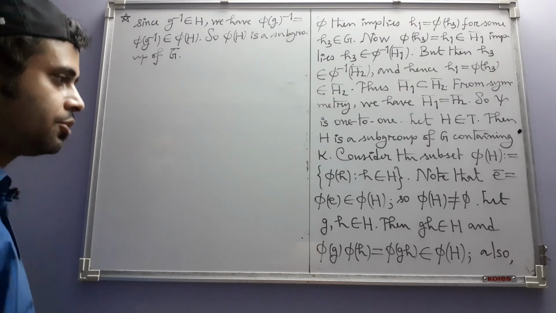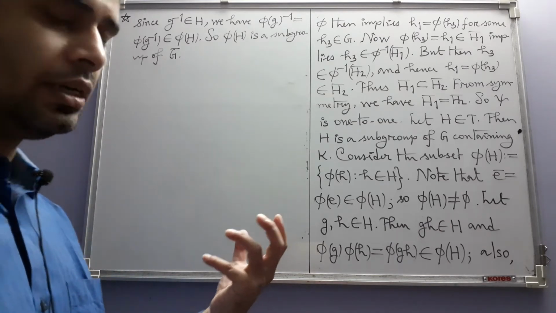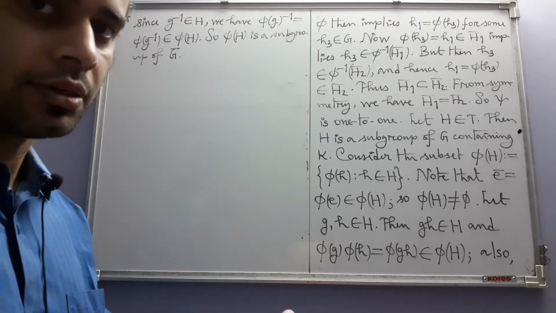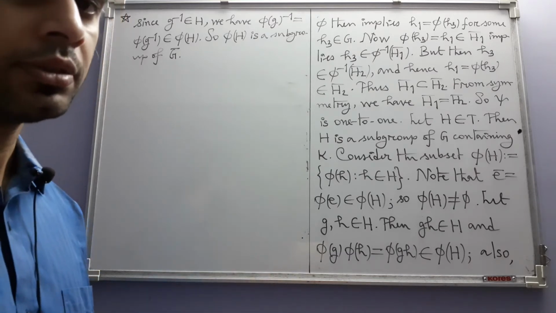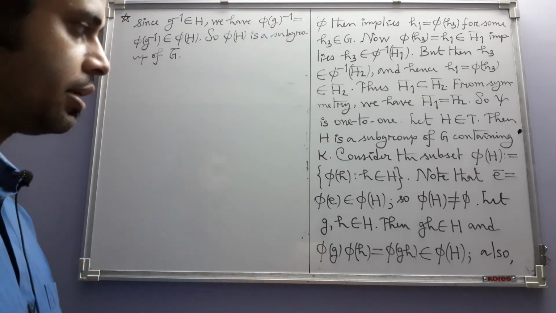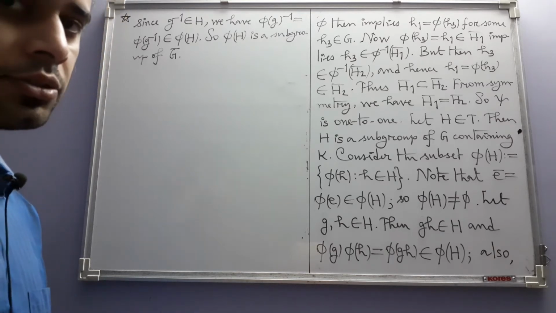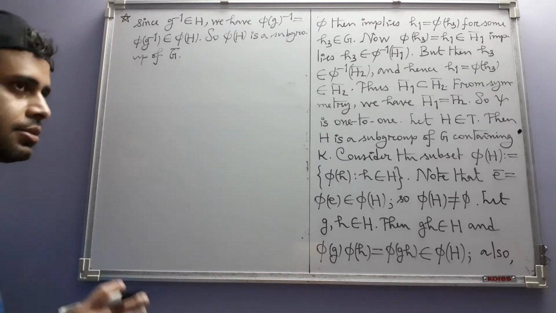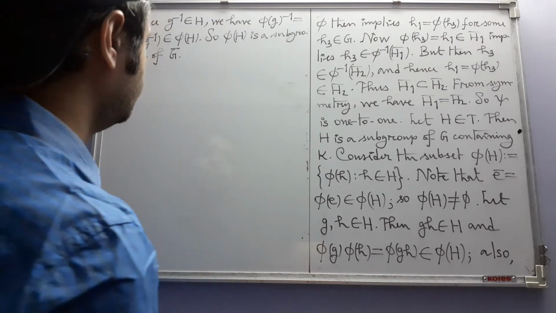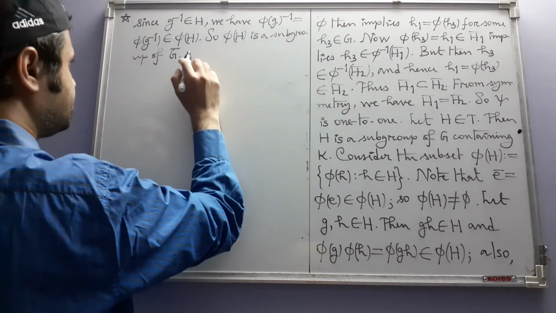Now we aim to show that the inverse image of this phi of H is actually equal to H. Thereby we will show that the psi image of phi of H is actually equal to H, and hence psi will be proved to be onto.